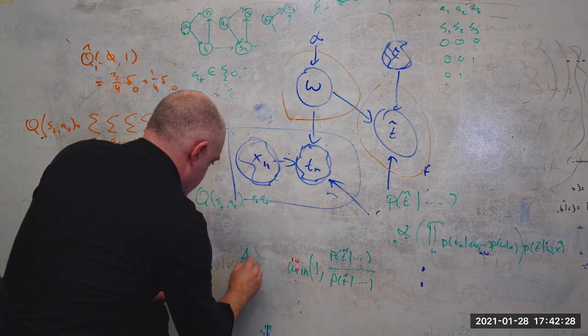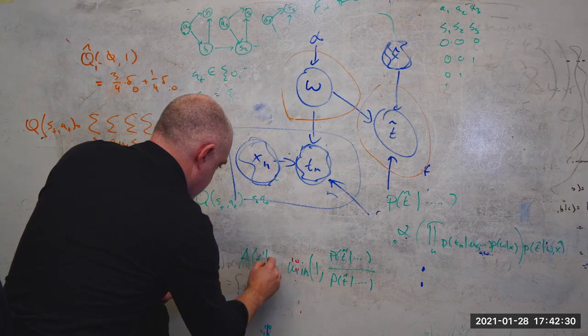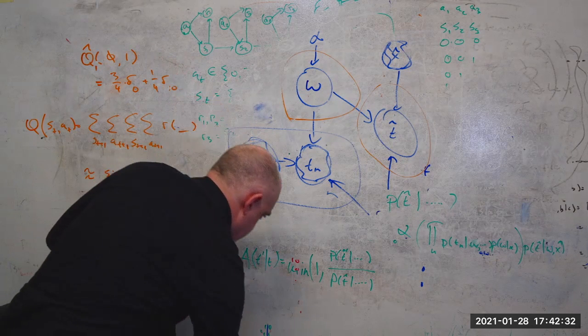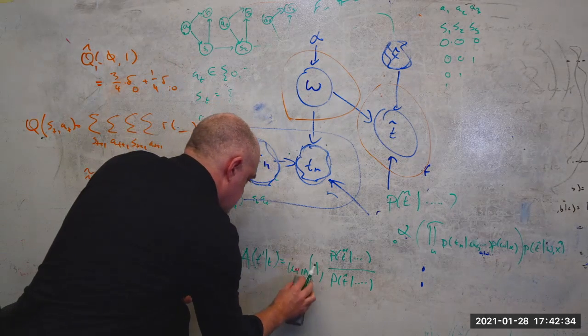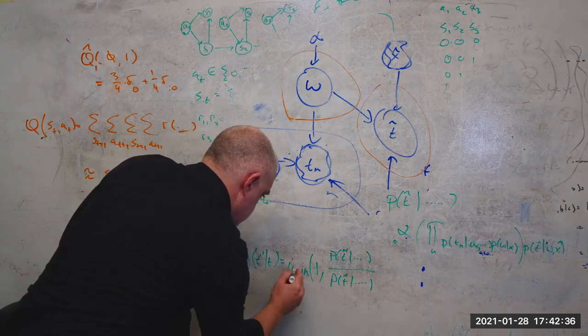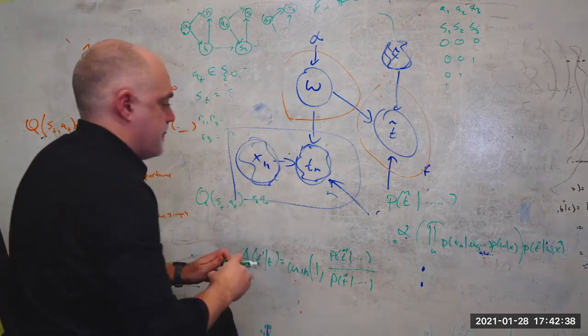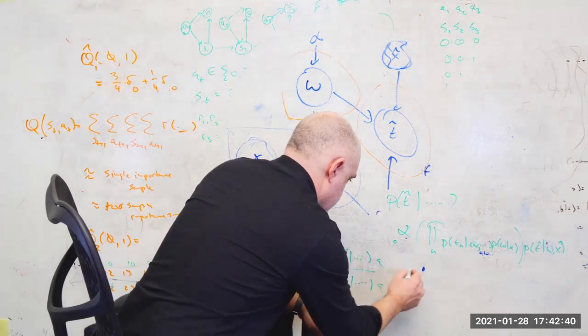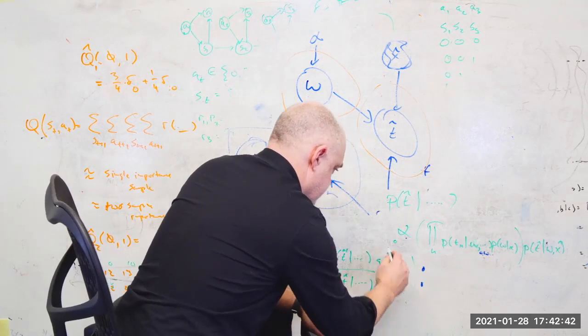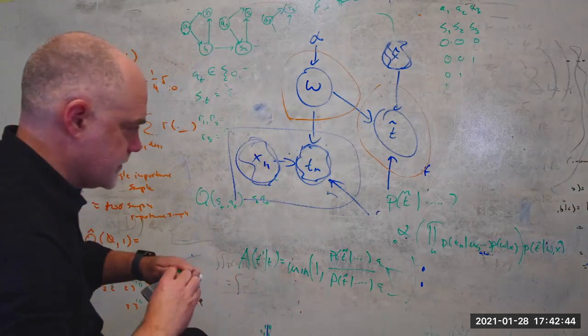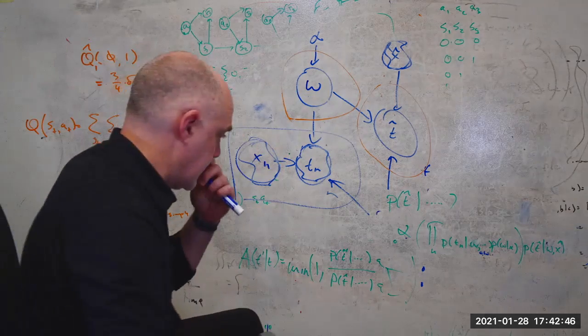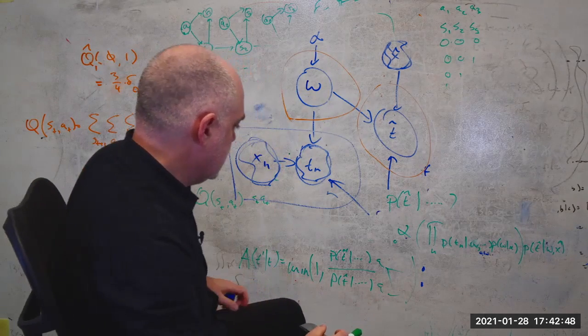This will be the acceptance probability of T hat given T. We have our Q's in here, whatever they are. Let's assume they cancel because we'll just use a symmetric proposal.